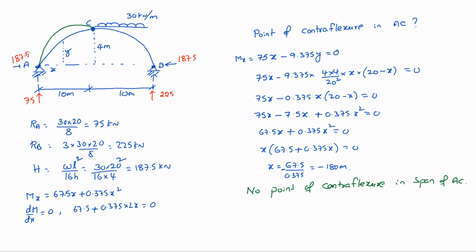Okay, now this becomes 75x minus 187.5y.